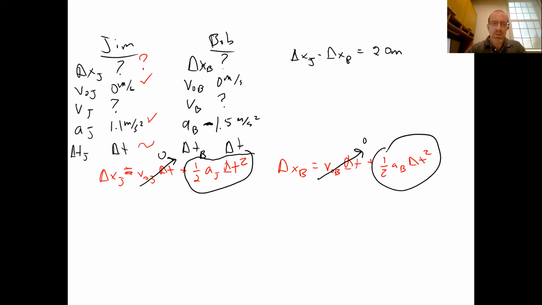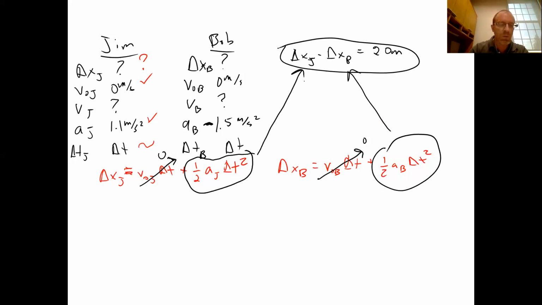Let's take both of these and stick them into that equation right there. That equation right there shows how their displacements add together to get to 20. So let's do that. Let's stick these guys into that equation. So we end up with 1/2 Jim's acceleration times delta t squared minus 1/2 Bob's acceleration times delta t squared is equal to 20 meters.